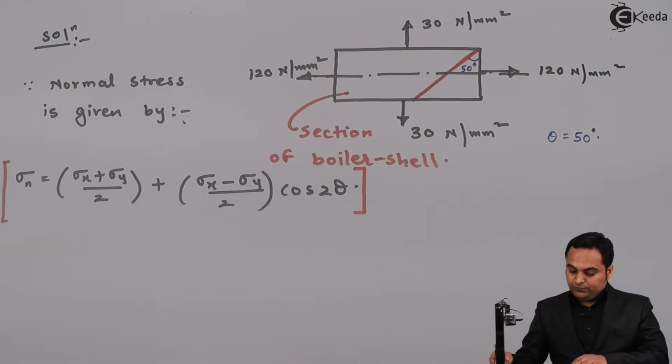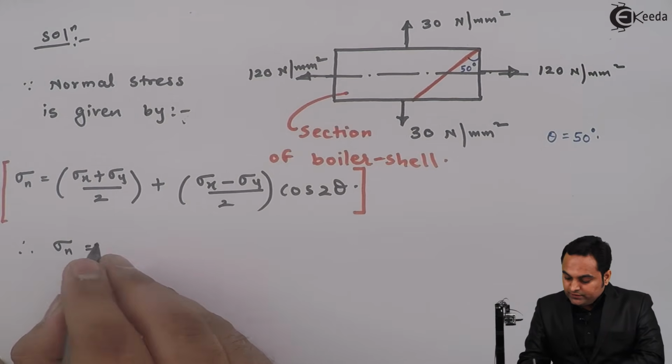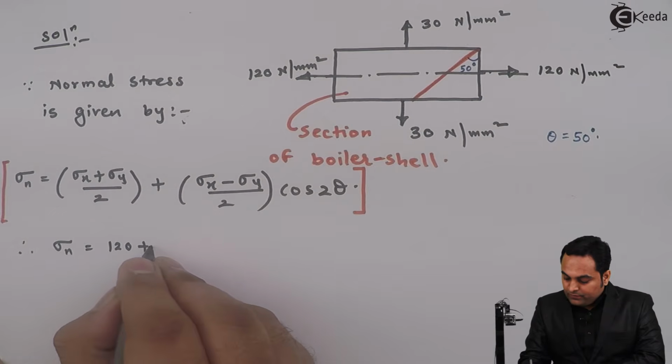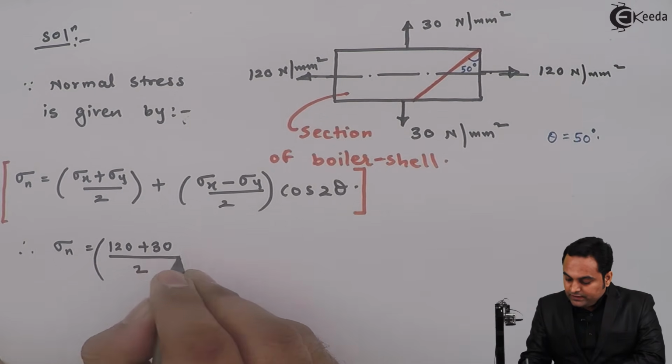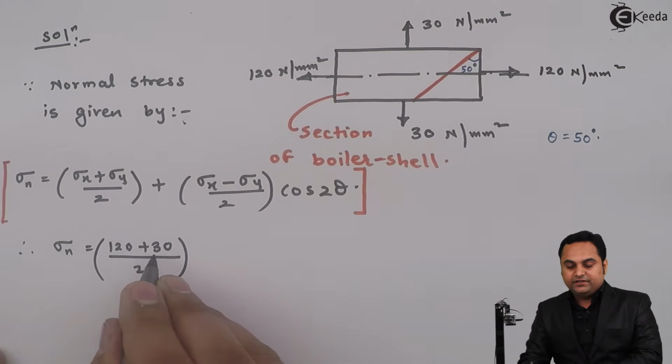So here I'll go on putting the values. Sigma x is 120, sigma y 30, divided by 2, and in this case, since both the stresses are positive, we are taking the positive sign.